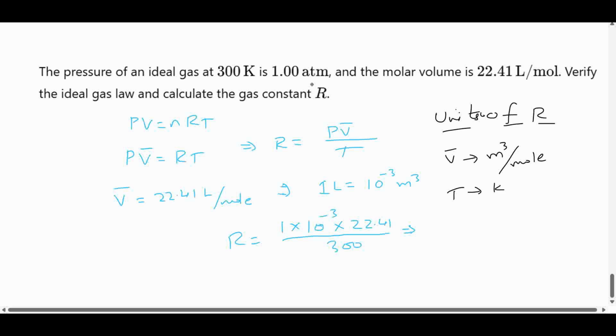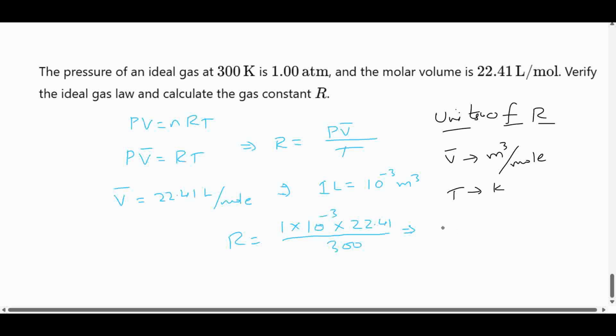So we need to know one atmosphere in Newton per meter square. That is important for us here.